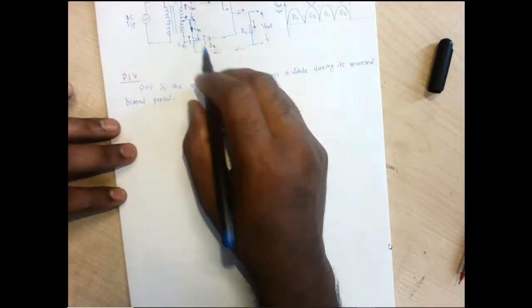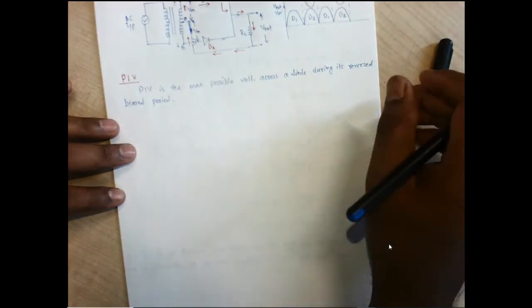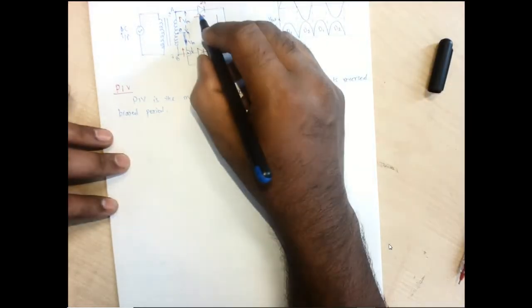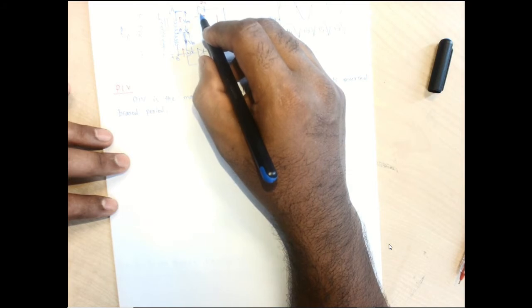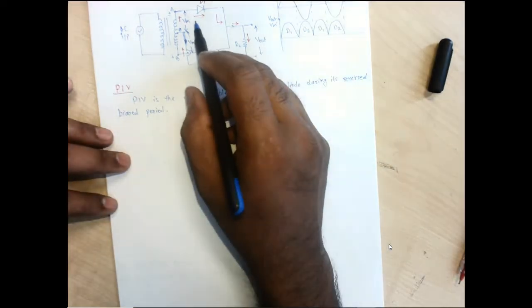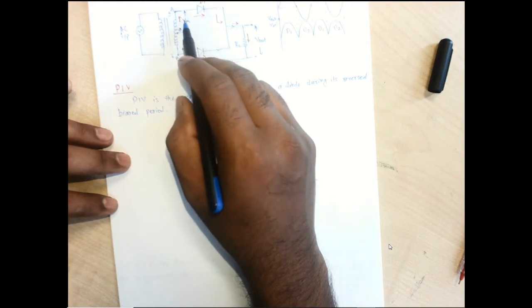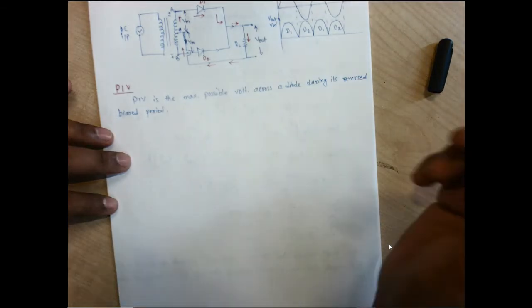Now for the positive half of the input AC supply, the diode D1 is conducting, and let us consider it is not providing any resistance at all to the current flowing through D1. Thus this whole voltage Vm, developed in the upper half of the AC supply, is provided to this load.